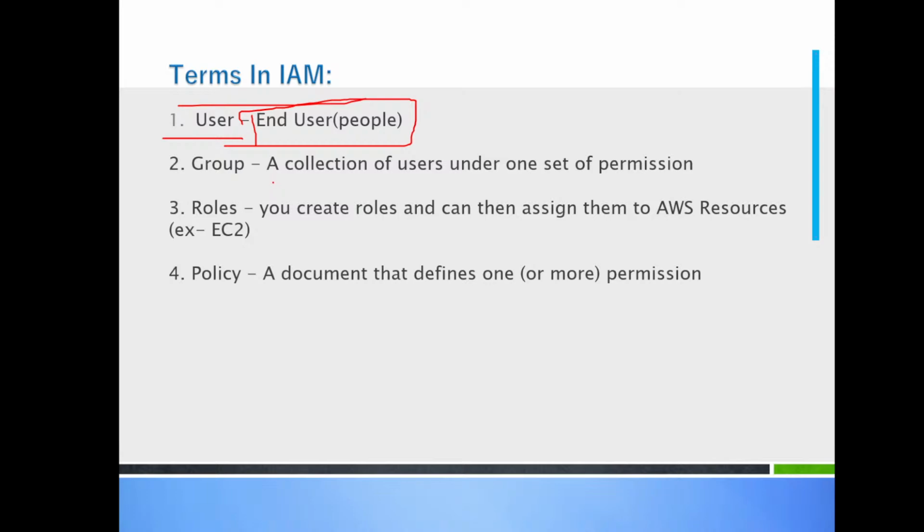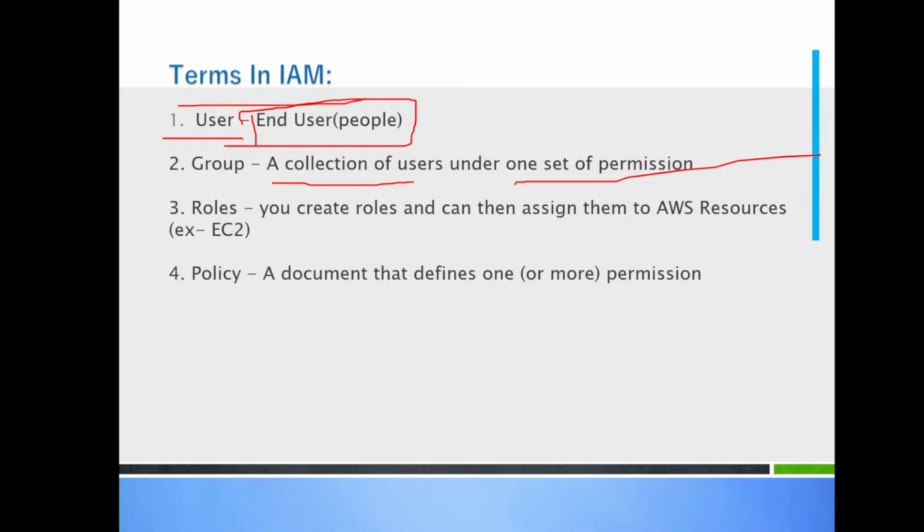Group: a collection of users under one set of permissions. Just like in your class, there are freshers, the first year people, in a college. All the people who are in first year are going to be granted a permission.